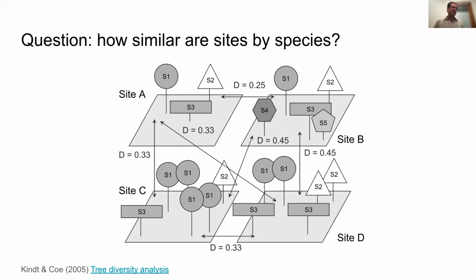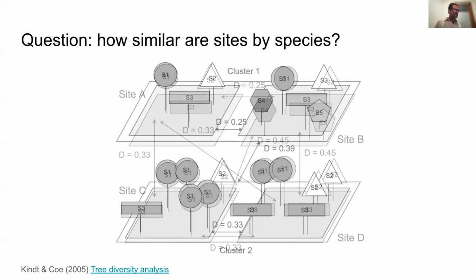There's a vast literature on this, and we're just going to look at some of the most common methods to look at what's called the ecological distance between these sites. There's a little d measure here, and next we can talk about the ways we can quantify this ecological distance between the sites based on the species composition.